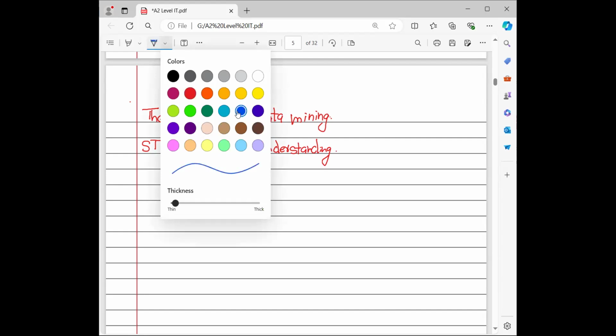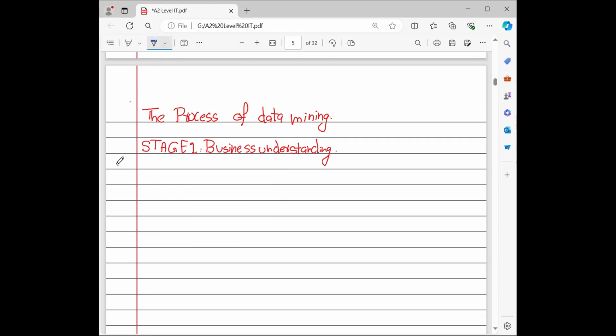And those three main elements in this stage are: first of all, you need to set up your objective. The second thing is that you need to develop the project plan.